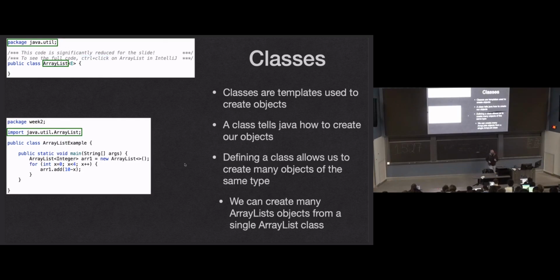It'll take me to the ArrayList class. And you can look at all of the code in all its glory there. There's a lot of it. It's over 1,000 lines of code to define an ArrayList. But you can check out the full code there. I'm showing a very, very small portion of it. And it's in a package, java.util, class named ArrayList. So when we import java.util.ArrayList.